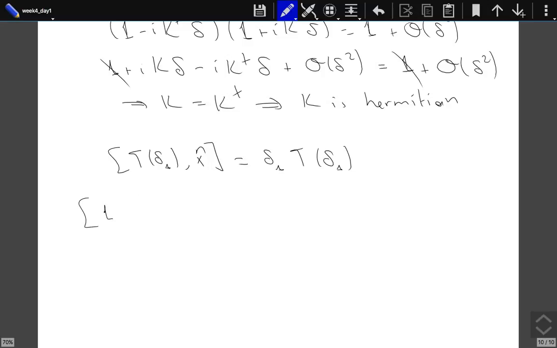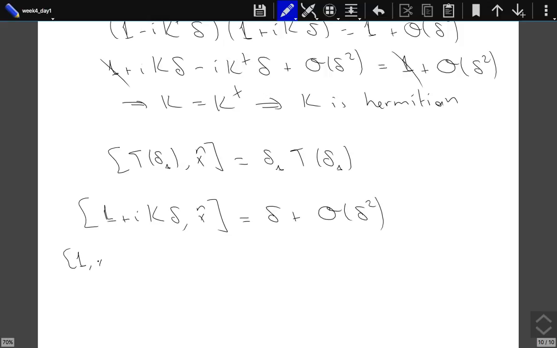So (1 plus iK delta) commutator with x hat should be equal to delta plus some corrections of the order of delta squared. You see, T is 1 plus some term proportional to delta, but that is some term of the order of delta squared. Let's look at the left-hand side.